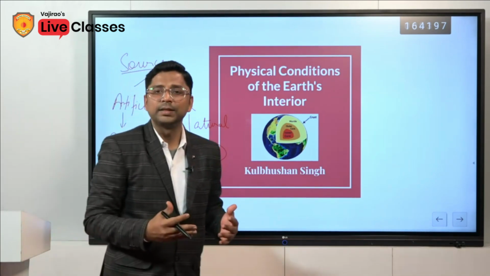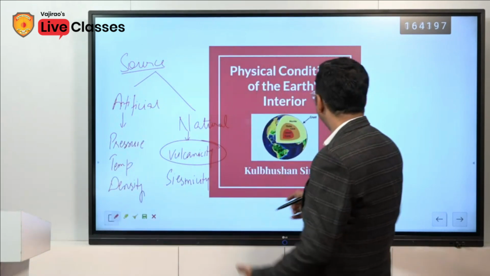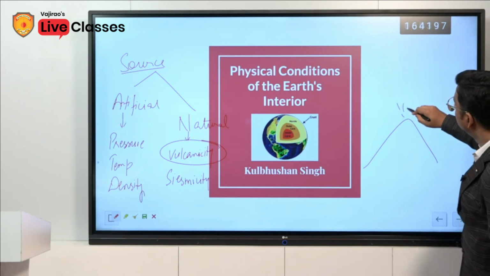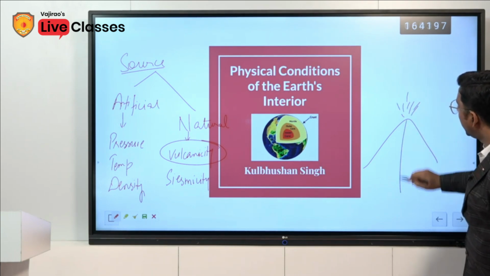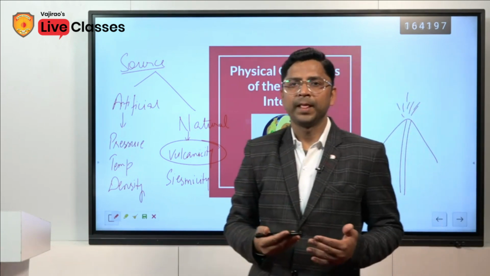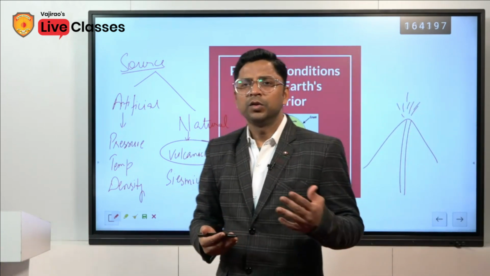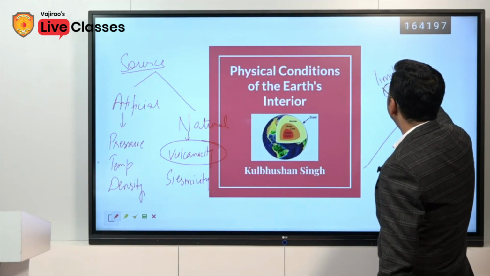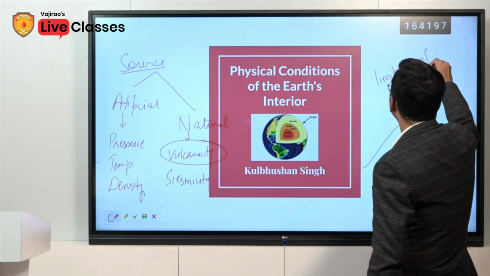Because what happens when a volcano erupts? A volcano erupts and it gives out magma. So it gives very limited information about the Earth's interior.